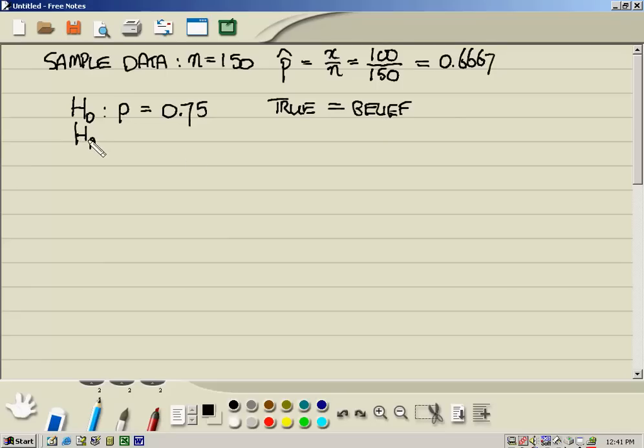The alternate is the complement, everything but that: p not equal to 0.75. Again, that means the true proportion is not equal to the believed proportion.